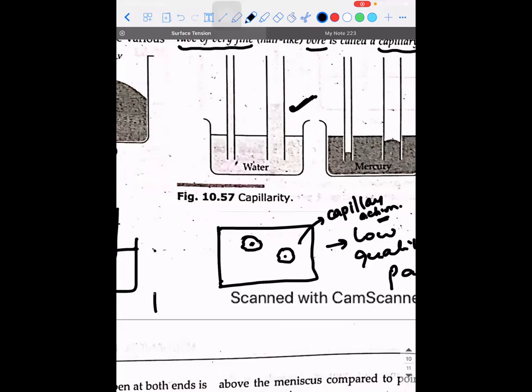Similarly, you have a cloth. Let's say you're sitting at a dining table, you're eating. Let's say there is some cloth beside you. So when water spills on it, what will generally happen? Will it be only at one place, or will it slightly start spreading to the other parts?